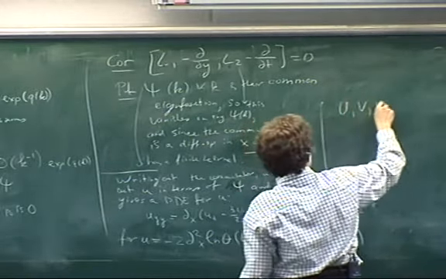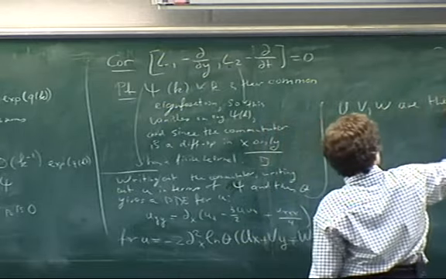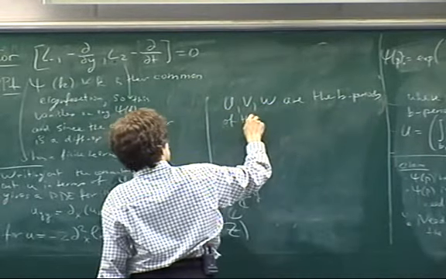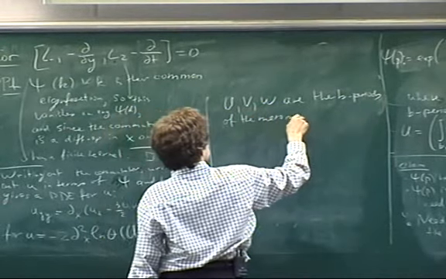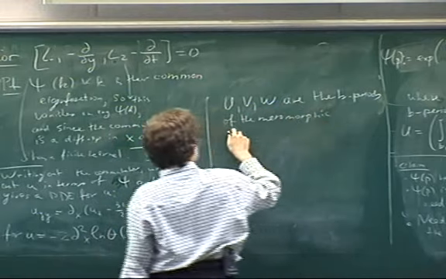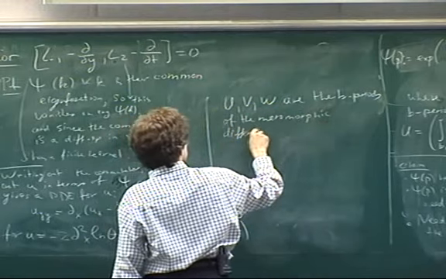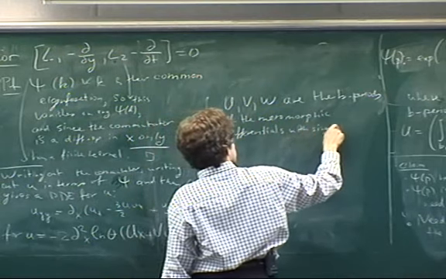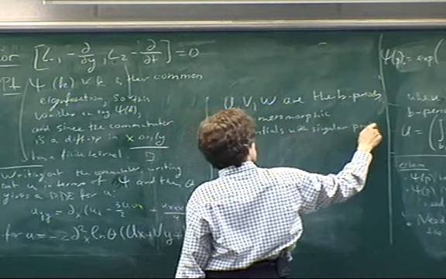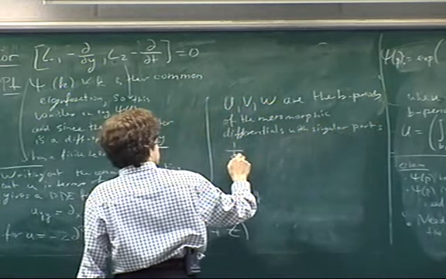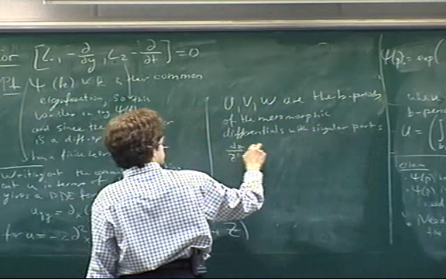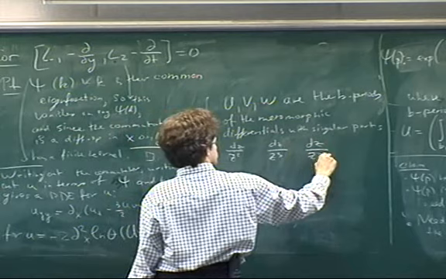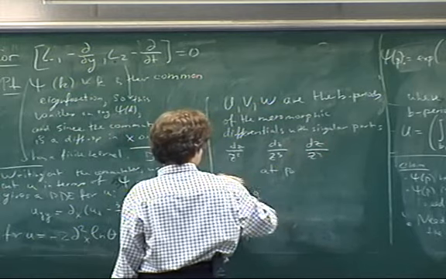So U, V, W are the B periods of the meromorphic differentials with singular parts 1 over z, dz over z squared, dz over z cubed, dz over z fourth at p naught.